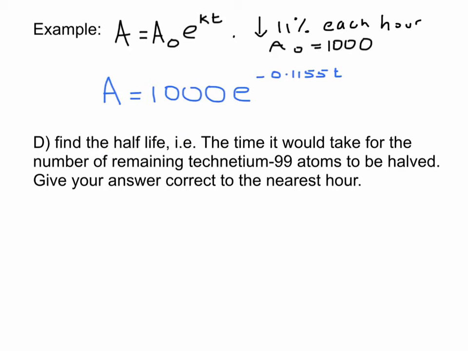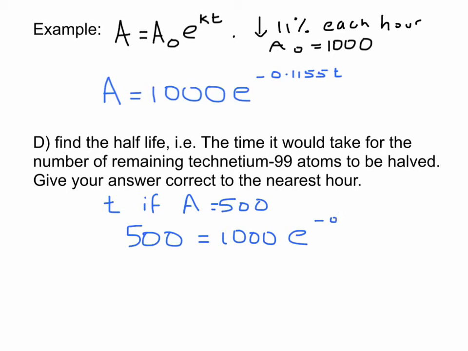Right, so physics people will be familiar with half-lives. Basically that's the time it takes to go from the original amount to half of that amount. So what we're finding is t when A is 500. So we would put 500 equals 1000 e to the minus 0.1155t.